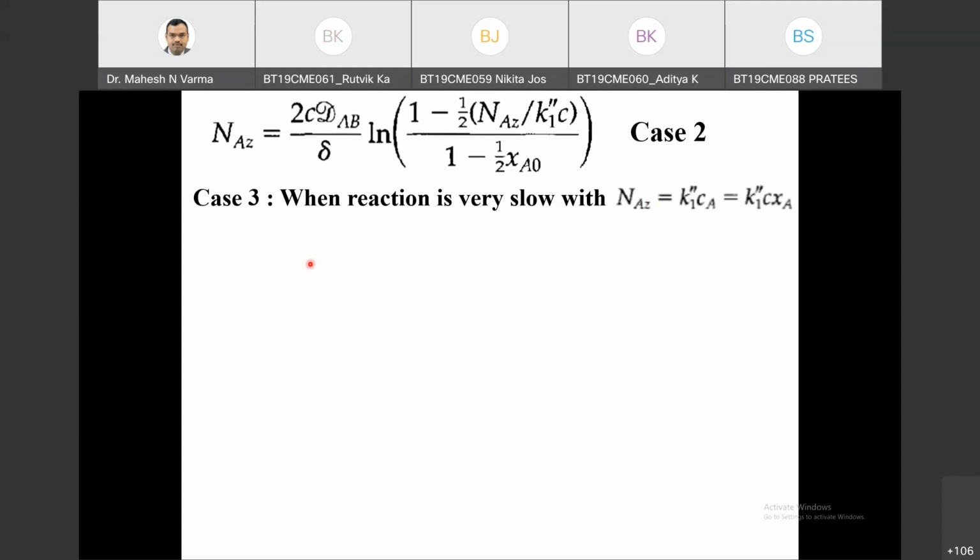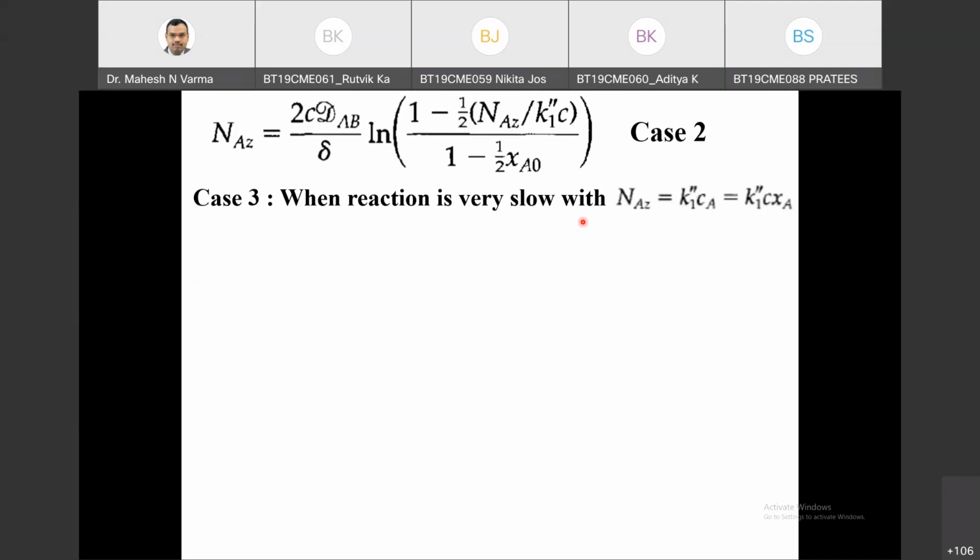Yes, sir. If the reaction is very, very slow, what will be the flux? I think it will be convective. If the reaction is very, very slow, will it be controlled by kinetics or mass transfer? Sir, it will be controlled by kinetics.